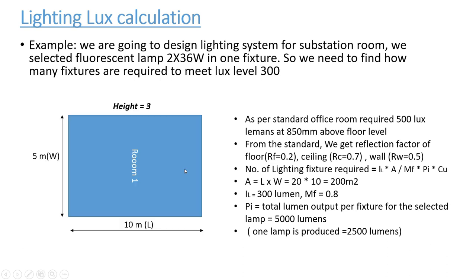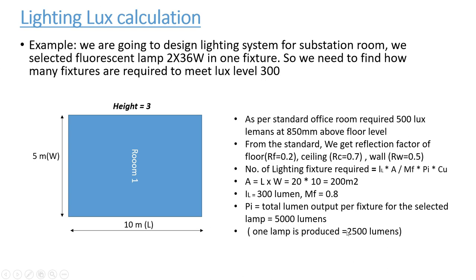I am going to find all these things. These are the given data: the substation lighting level is 300 lux at 850 mm above the floor level. From the standard I got the reflection factors: floor 0.2, ceiling 0.7, wall 0.5.